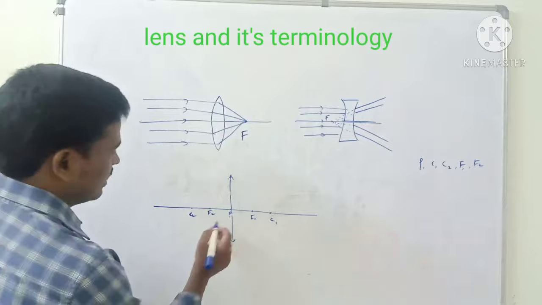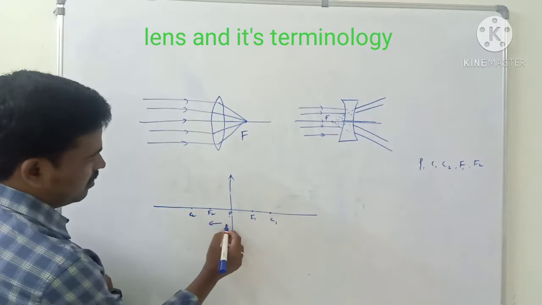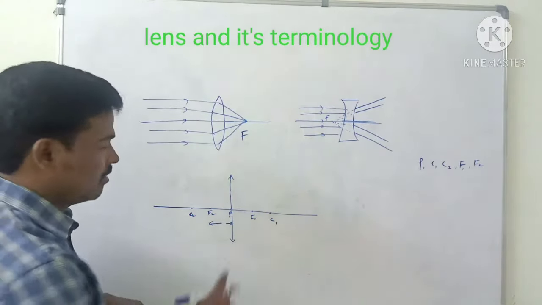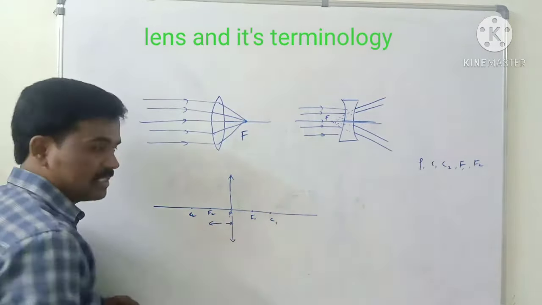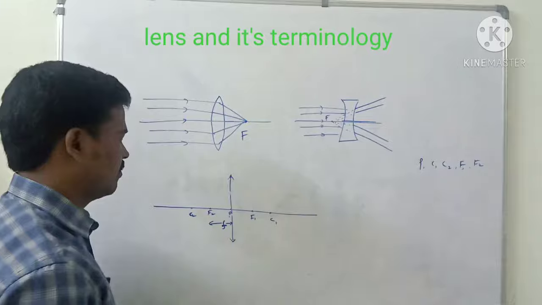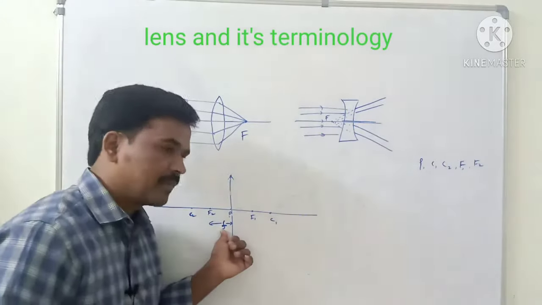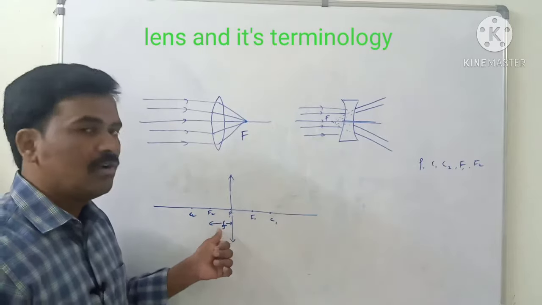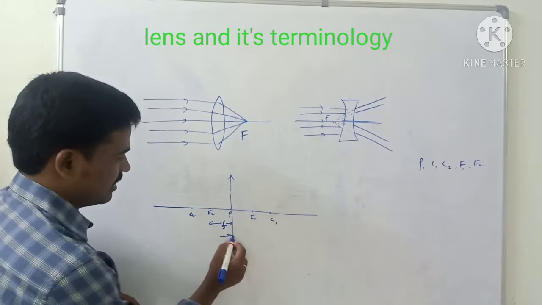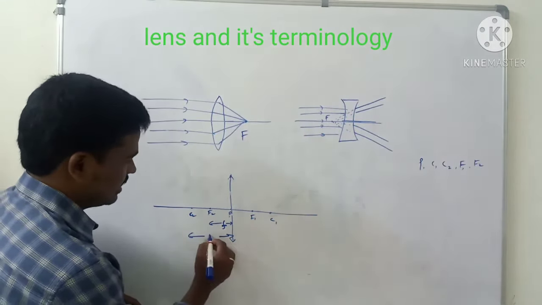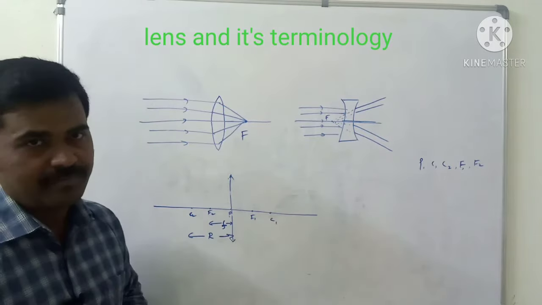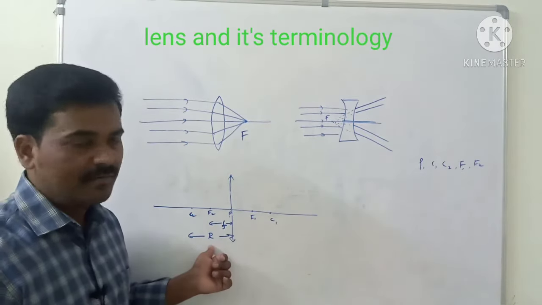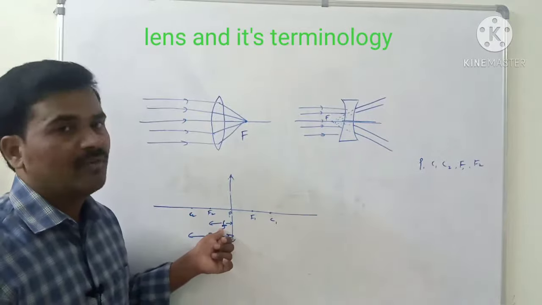Next, the distance between the focus and the optic center is called the focal length. The distance between P and F is called the focal length, and the distance between P and C is called the radius of curvature. F is the focal length.